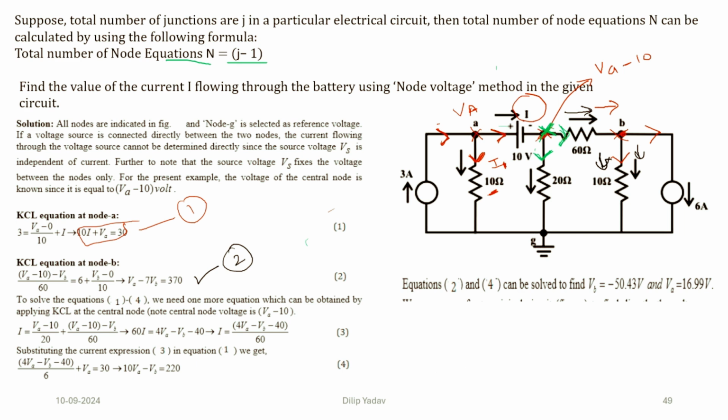At this point, when we are going for this, it was VA minus 10, because the direction is taken this way.